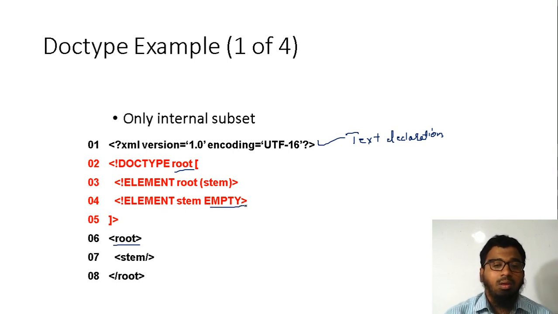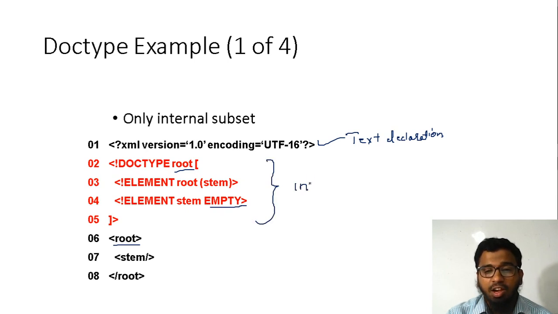Okay, so this is the internal subset. And here the root, as I told you, before the root we need to write this. So before the root we wrote it.